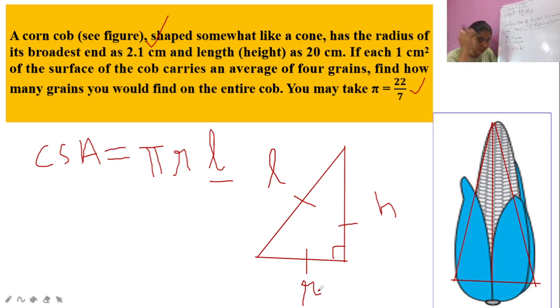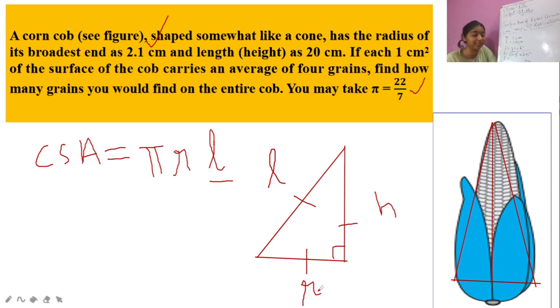So you will just substitute all the values which we have, that is 2.1 centimeter squared, and for the height we have 20. So calculate it, and if we remove the square from here, the square root will come on the other side. Calculate the value and tell me what you get for the slant height.